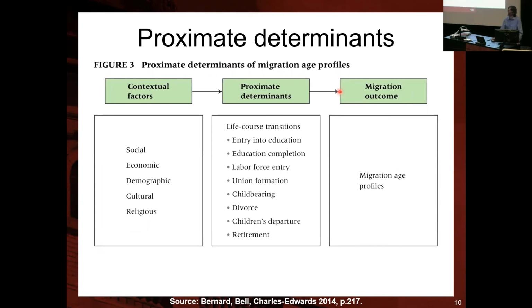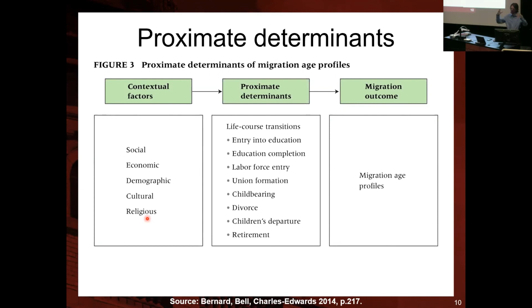We talked before in the chapter about fertility, about the proximate determinants of fertility. We have these major changes that are going on in society: the social, economic, demographic, cultural, religious, contextual factors. And in the case of fertility, they affect the chances of women being married, using contraceptive methods, engaging in sexual activities, having access to abortion, what are the chances of them having postpartum infertility, and so on.